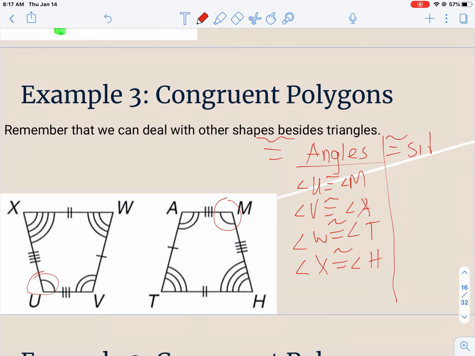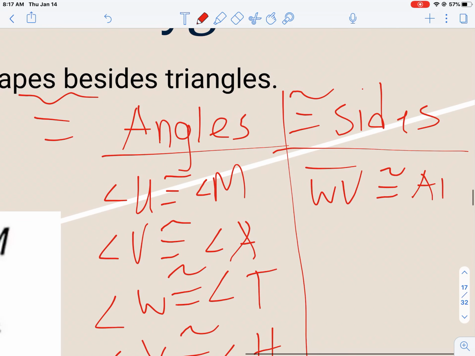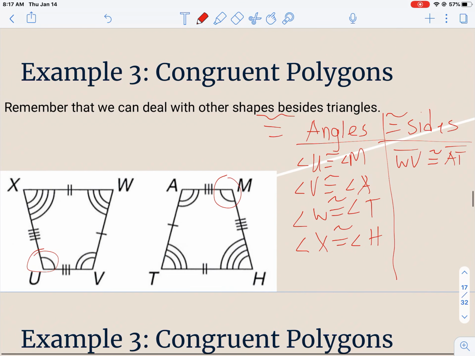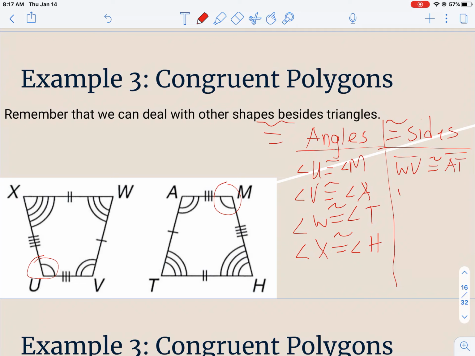And then if I wanted to list the congruent sides, I would just match up the number of slashes. So WV is congruent to AT, they both have 1 slash each. XW is congruent to TH, 2 slashes each. Number 3, UV is congruent to AM, 3 slashes each.